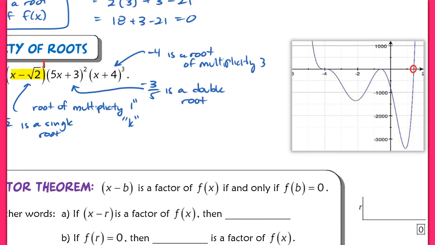At the root negative 3/5, where we have a double root, we see it bouncing down. It comes up, it touches the x-axis, and it bounces down. When you have the odd degree here, this looks like a cubic function now. Basically just reiterating some concepts that we've already talked about.